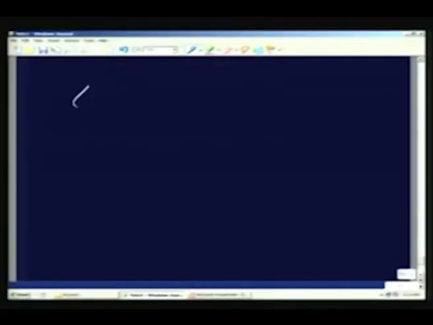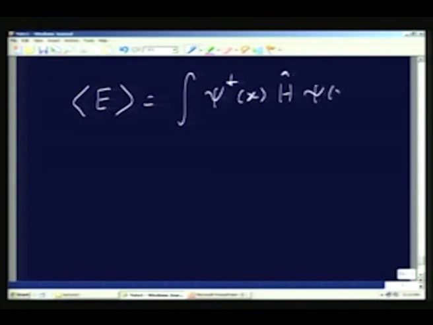So, likewise, when you want to calculate the energy E, you put the Hamiltonian operator: psi star x H psi of x dx. You should not be deriving the integral, but use the class lectures to write the answer immediately. That is a challenge.